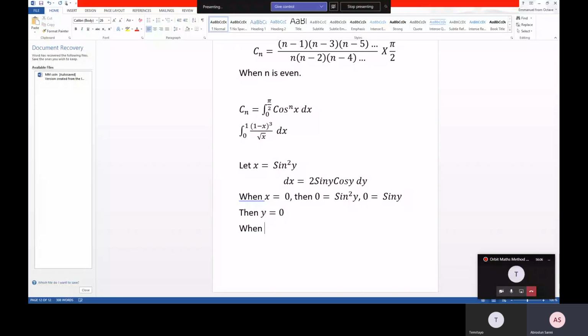What's y then? y is going to be arc sin 1. So what value of y is sin y giving us 1? That's 90, because sin 90 is 1. And what's 90 degrees in radians? pi over 2. So y is equal to pi over 2. And we are getting back to our question. So our lower limit is 0 now, our upper limit, for y, is pi over 2 now.